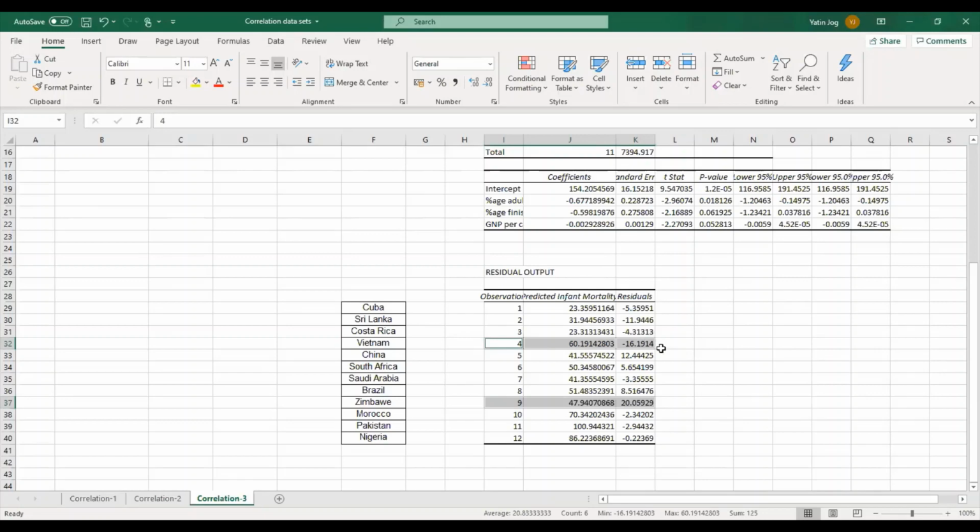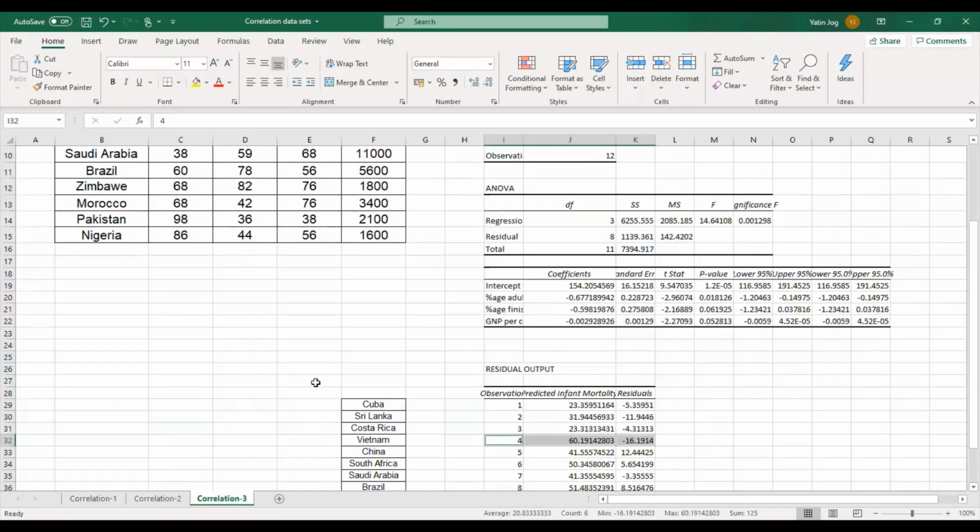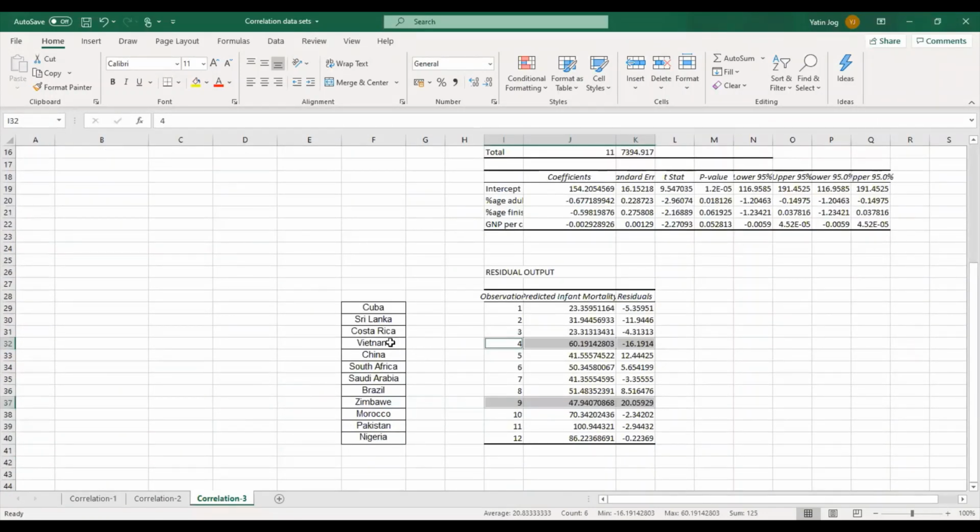That also indicates that out of all these countries, the variables I'm considering as predictors don't fit for Vietnam and Zimbabwe. So maybe for Vietnam and Zimbabwe, I should have a different data model, and for other countries, I can go ahead with the current data model. The current data model is not suitable only for specific countries.